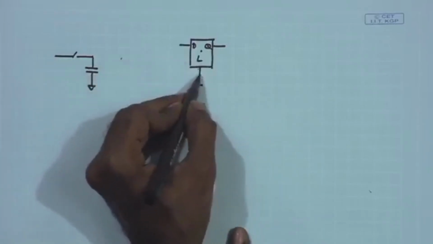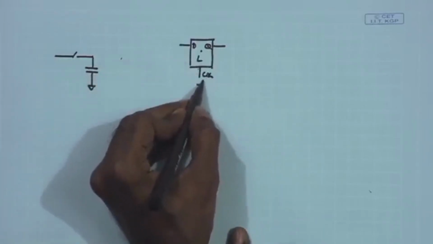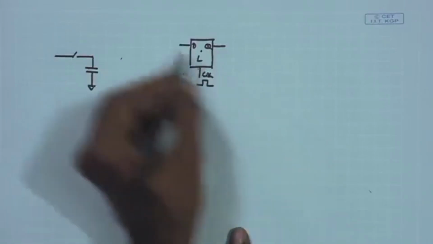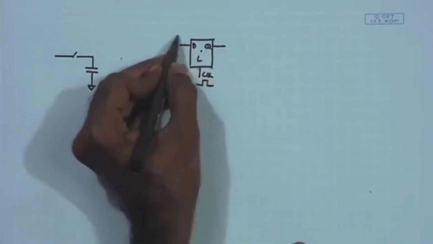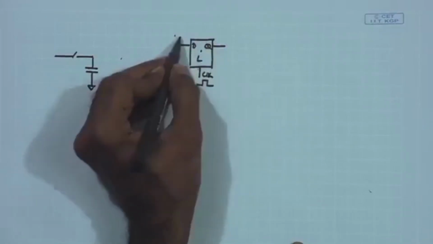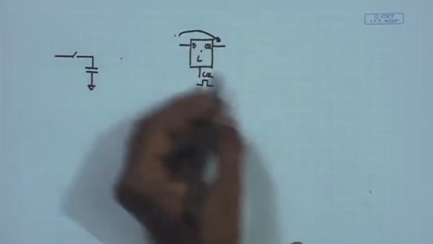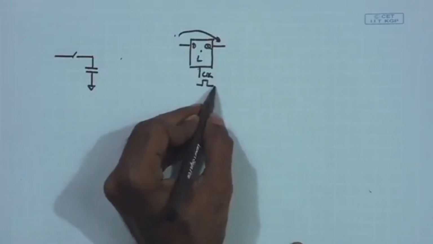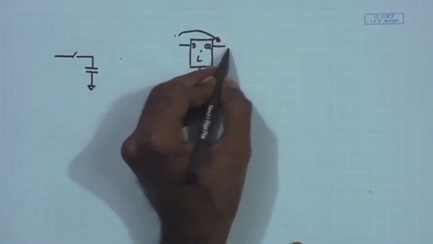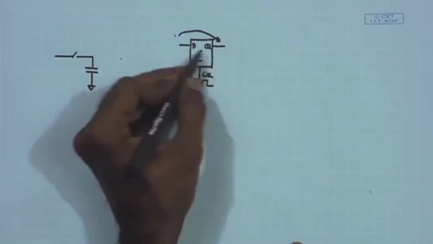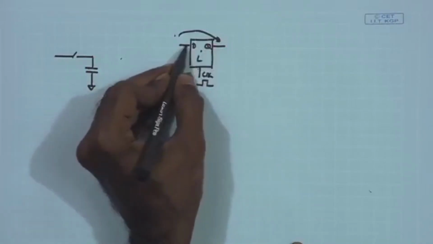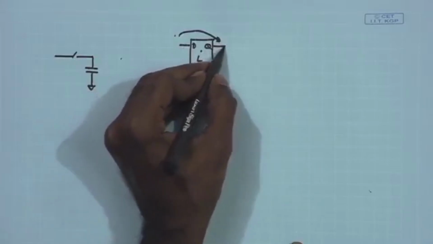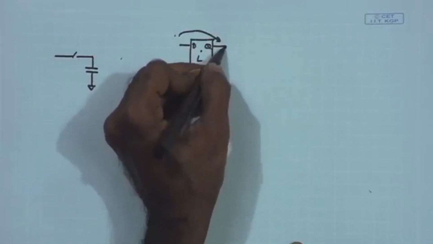Wherever the clock of the latch is high, the latch is transparent, and whatever input is available is transferred to the output, and when the latch is off, or the clock is low, the output value is retained. That means when Q is disconnected from the D input, the logic level over here is retained.